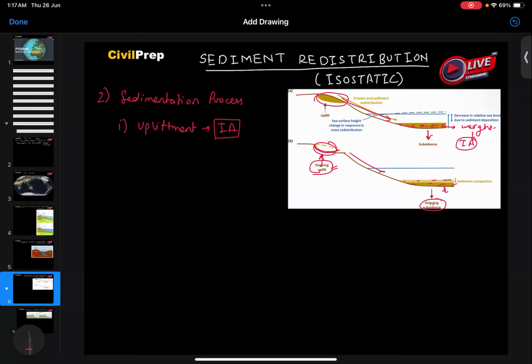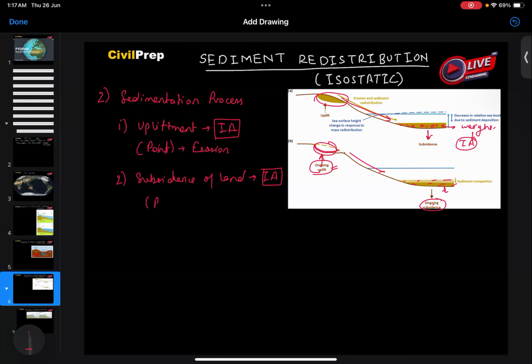Okay, now this is the point where the erosion is taking place. Now, in the second point, we have subsidence of land, which is also resulting because of the isostatic adjustment.